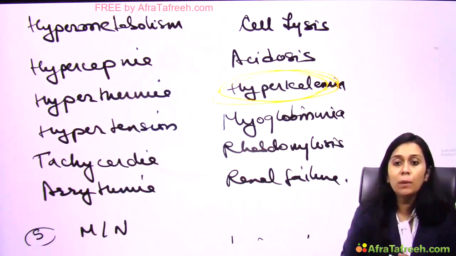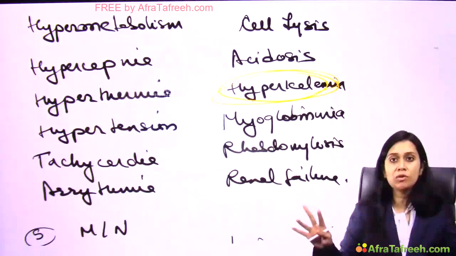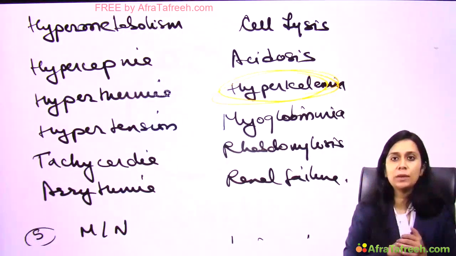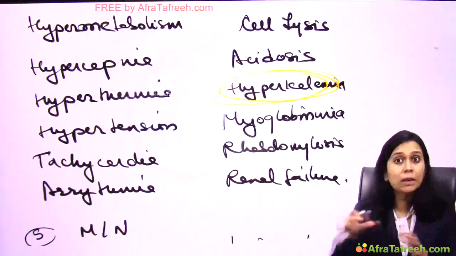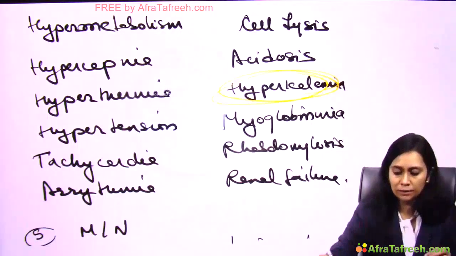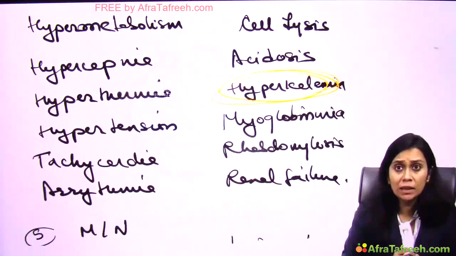This is the most common electrolyte abnormality seen in malignant hypothermia. Hypercalcemia never happens. Intracellular calcium increases, not serum calcium. This was asked in AIIMS actually: most common electrolyte abnormality seen in malignant hypothermia.